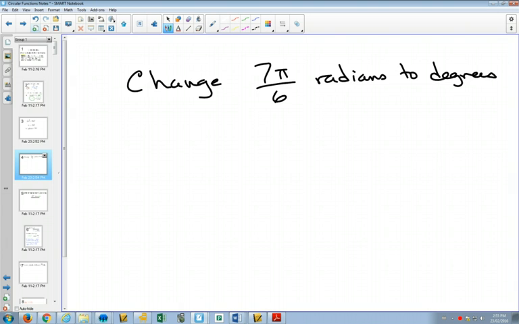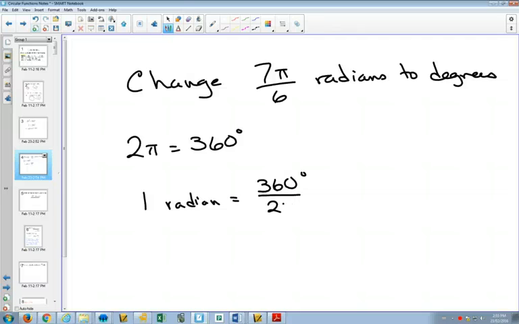Okay? The way that we started off to begin with is we said, well, if I know that 2 pi radians is equal to 360 degrees, then I can figure out that 1 radian, if I divide both sides by 2 pi, is equal to 360 degrees divided by 2 pi.